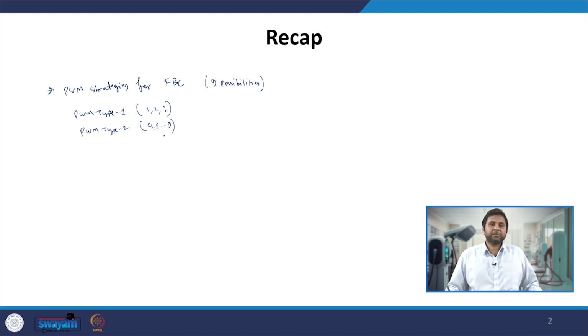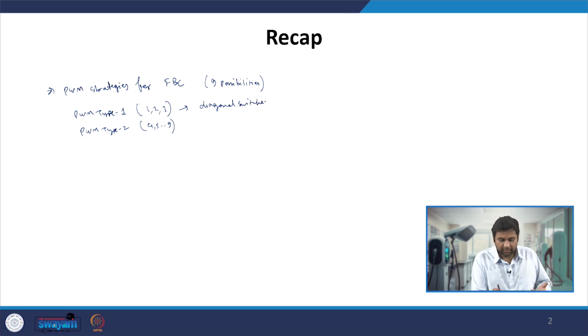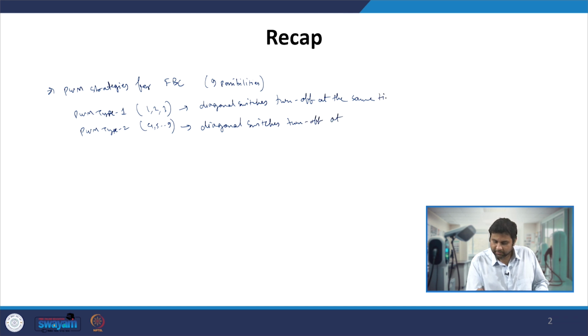Now in PWM type 1, we have seen that the diagonal switches in the full bridge turn off at the same time, and in type 2 the diagonal switches turn off at different times, or staggered turning on, we can also say.